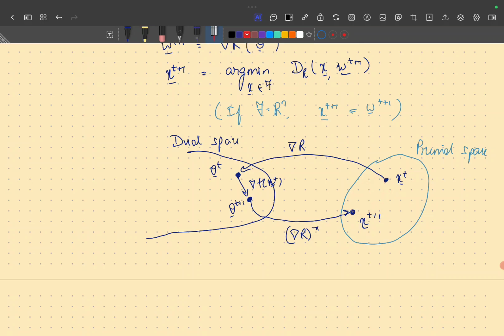In gradient descent, if I fix the step size eta, then I would be basically moving eta far away from xt at every step. But now I'm taking a small step not here, but in this particular dual space, in the transformed space. So it means that in every step, the corresponding step sizes could be really large. They're not all of the same size.